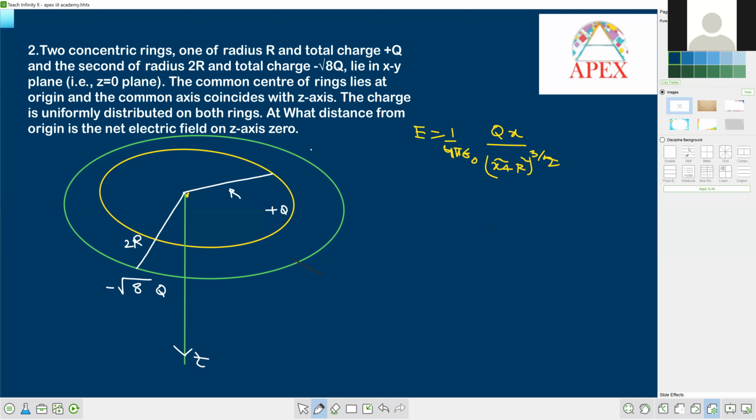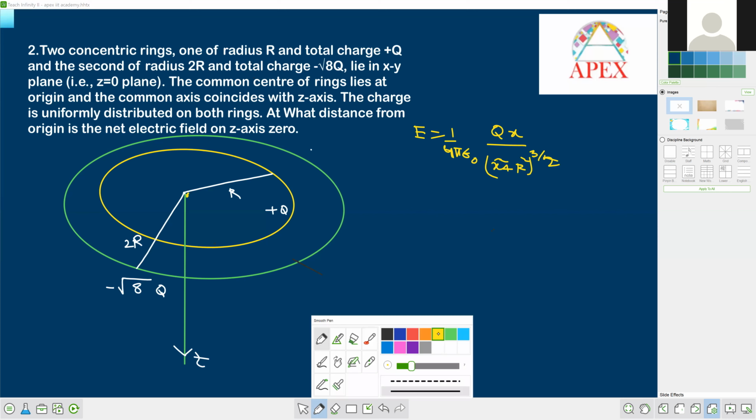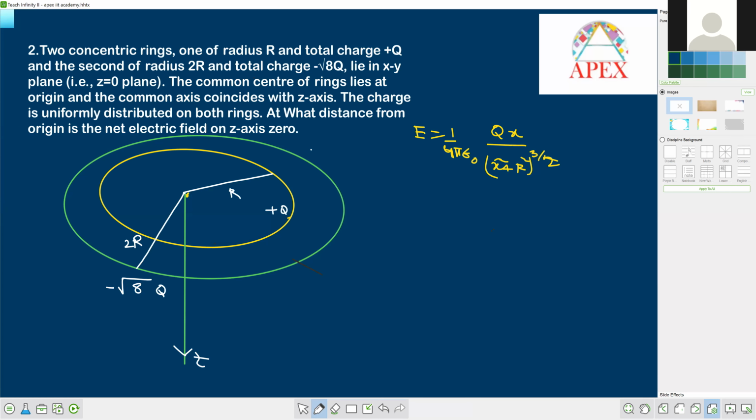That is the general formula we use to calculate the electric field intensity on axial line. So see here, for both of them you apply here. For example, if this positive charge is taken, first ring, due to that ring the electric field will be away from positive. If you consider the second one, which is having some negative charge, that will produce the electric field towards the ring only.